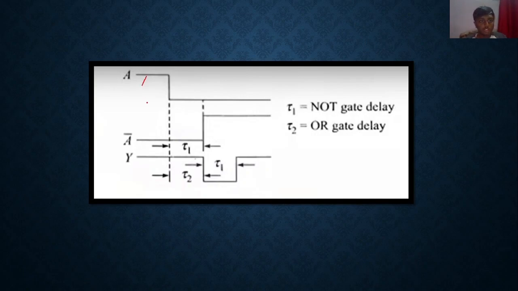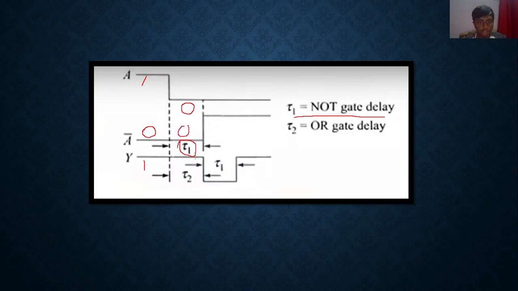Here A is 1, A bar is 0, and 1 OR 0 is 1. And when A transitions from 1 to 0, A bar should be 1, but instead of becoming 1, A bar remains 0 itself because of the NOT gate delay, which is represented by tau 1.